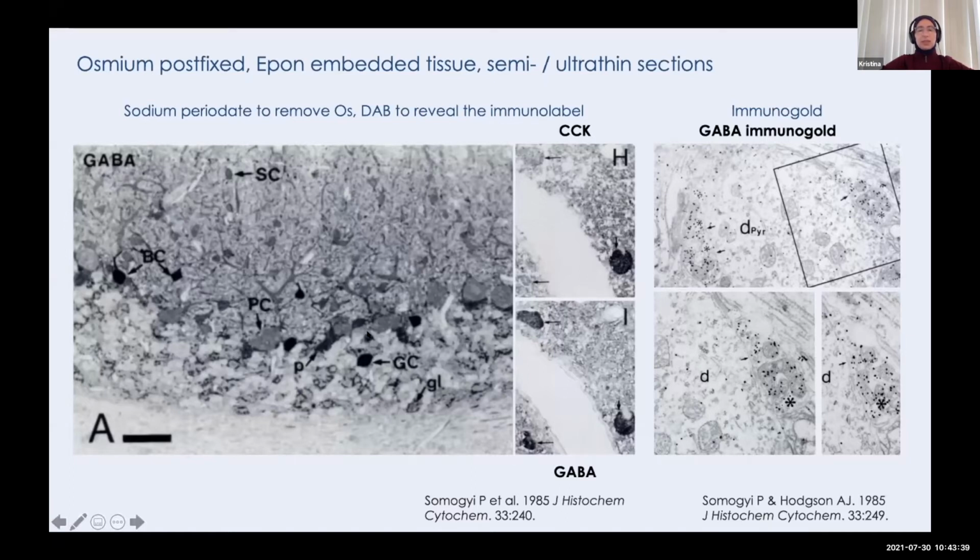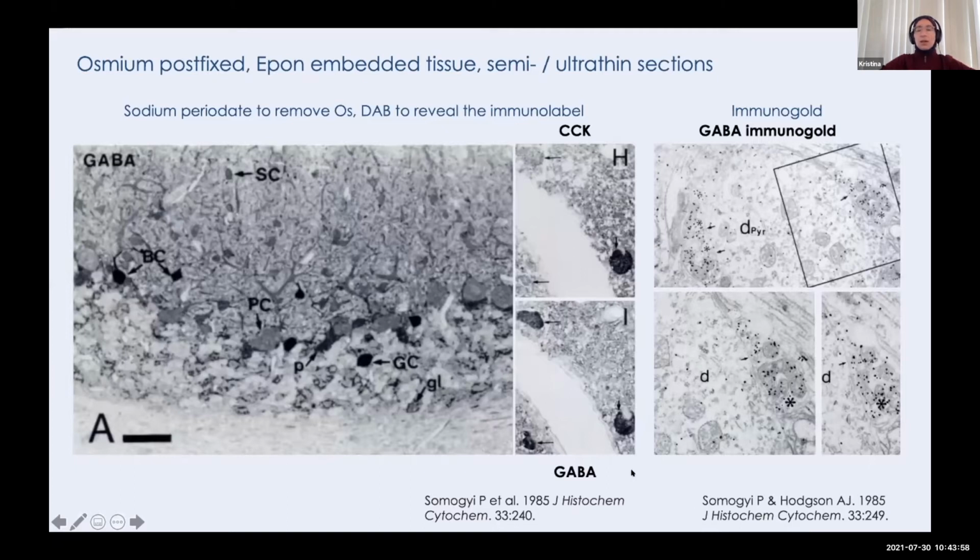Exactly this antibody on this same tissue, now viewed with GABA immunogold labeling in the electron microscope, shows that it works for GABA immunogold. Here you see two synaptic terminals on a pyramidal dendrite, and they're labeled with immunogold.